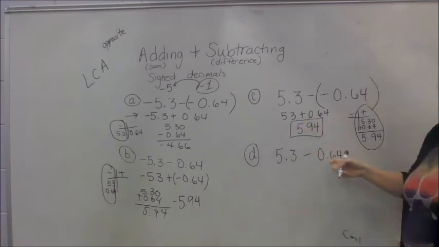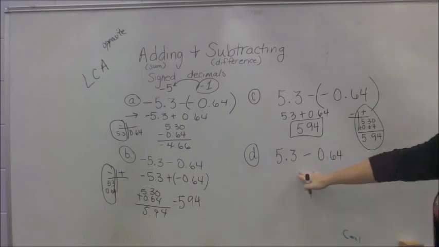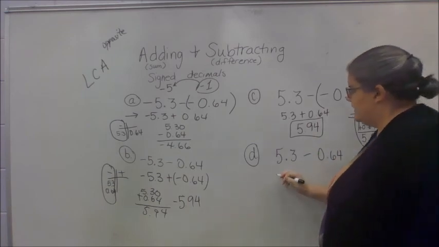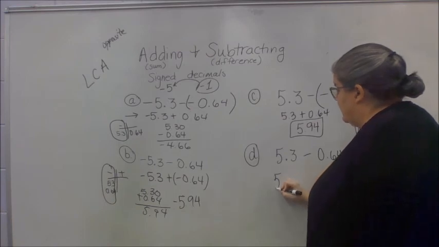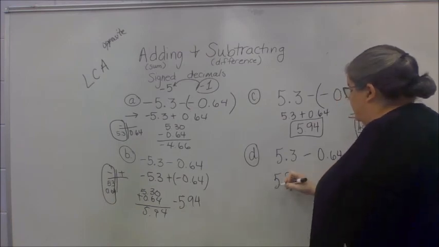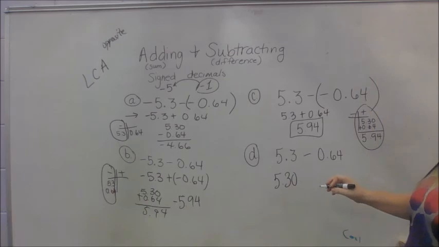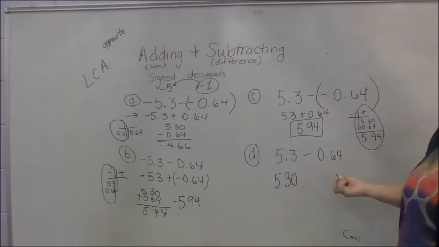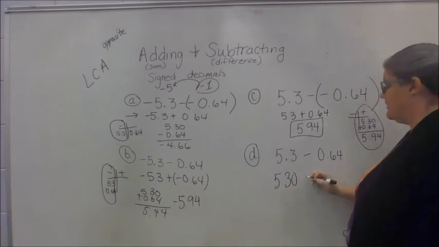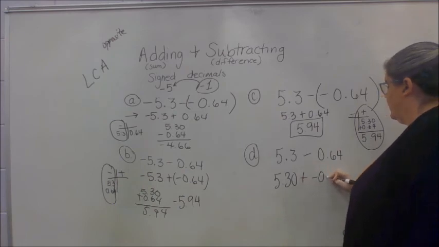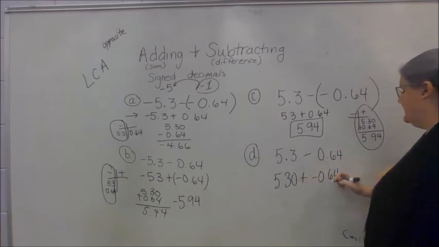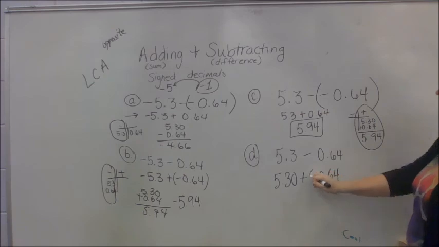Now, some of you guys may notice this is just old school subtraction for question D, but let's just go ahead and pretend we didn't notice. 5.30. As I'm writing this one out, I'll make sure that both fractions are the same length, just because we know we have to line up our decimals. Plus negative 64/100.